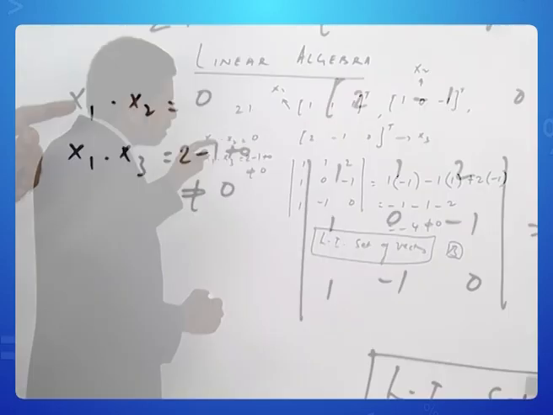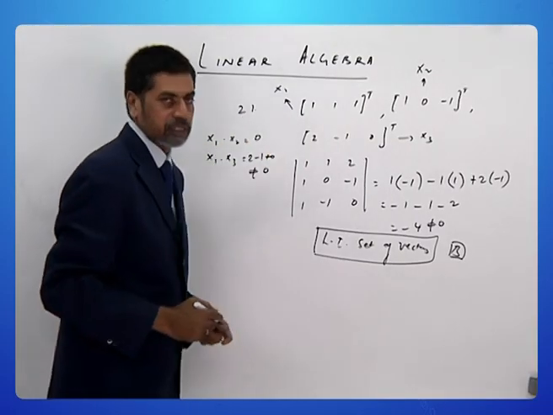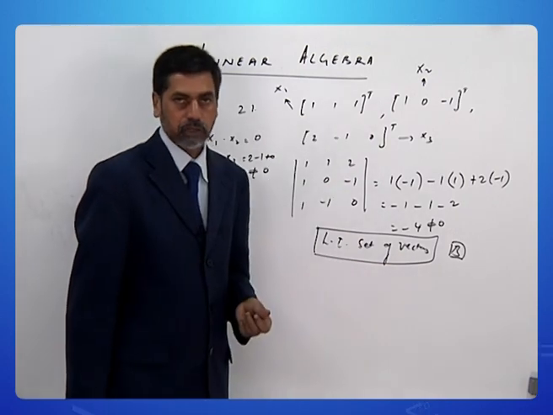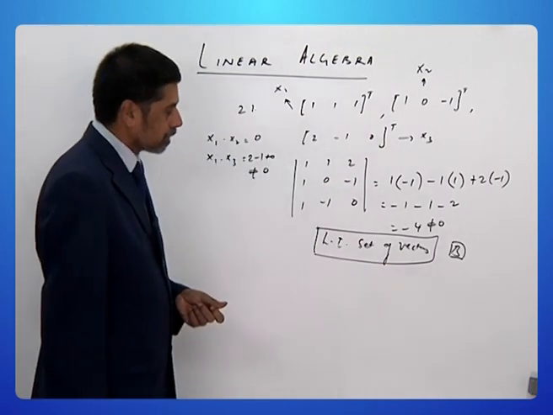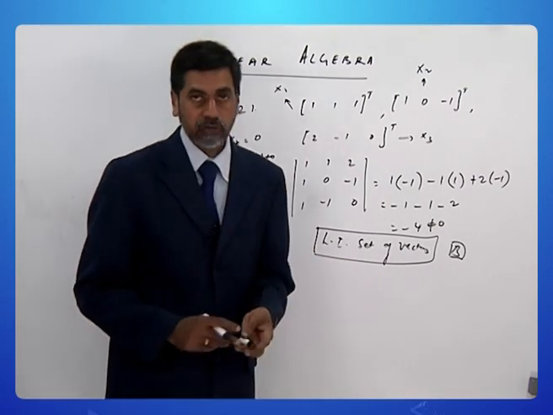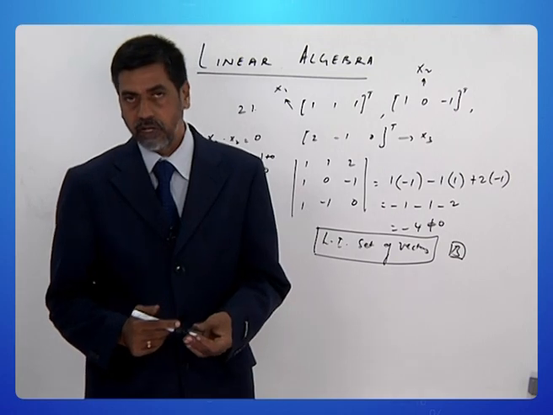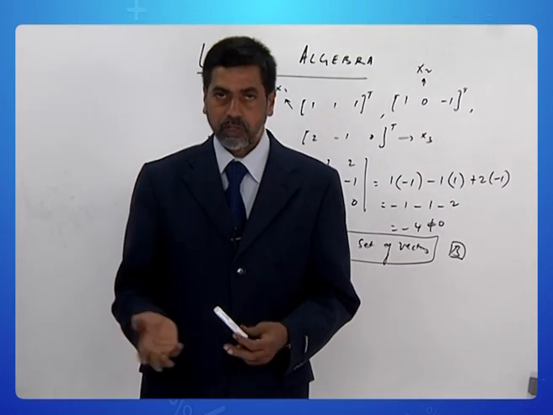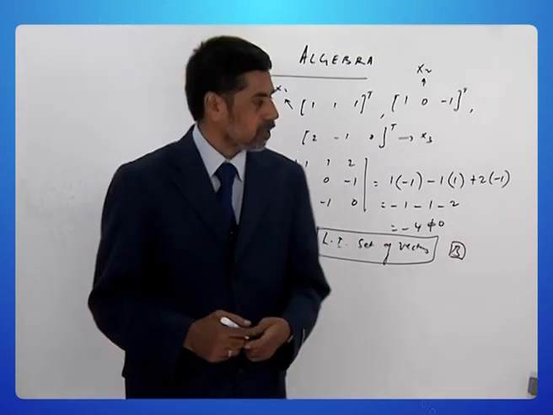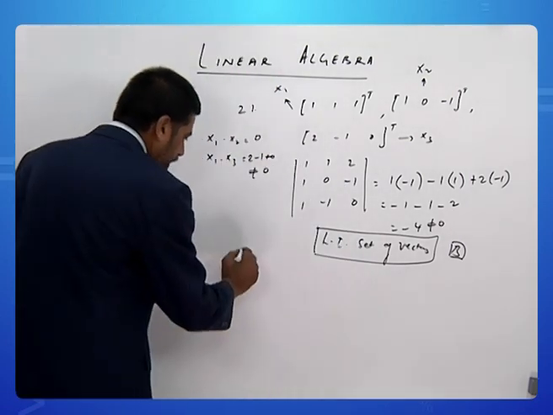So therefore, it is not an orthogonal set. In an orthogonal set of vectors, all the three must be mutually orthogonal, that is perpendicular. But whenever we have even non-orthogonal vectors which are linearly independent, we can transform them into a system of orthonormal vectors. It is possible.